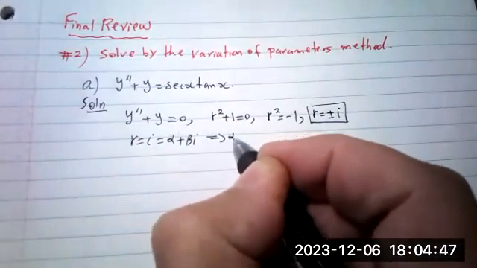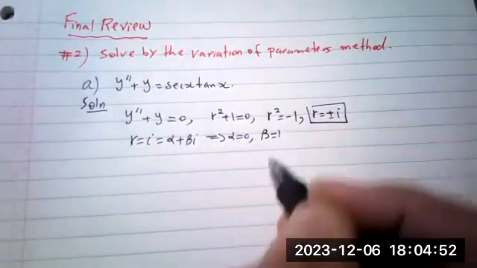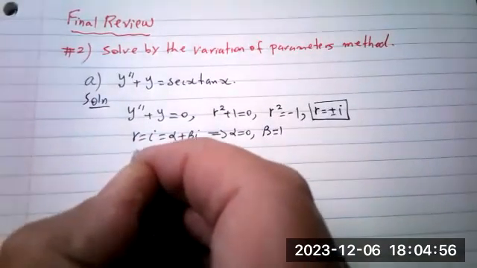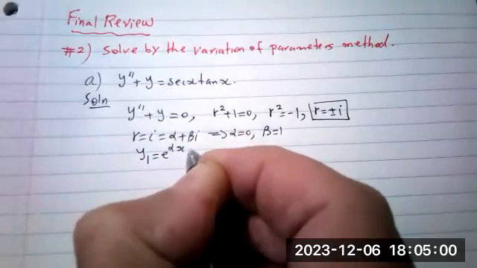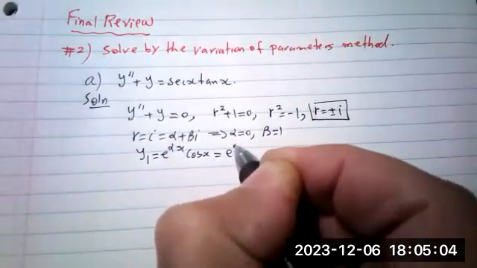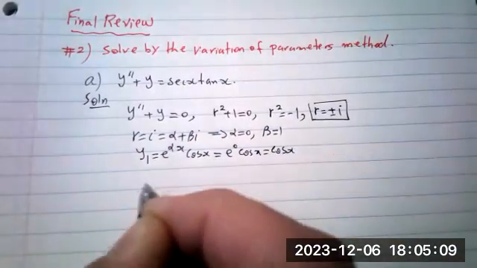So that gives you alpha equal to 0 and beta equal to 1. So you get 2 solutions. y1 equal to e to the alpha x cosine of beta x. So this solution would be simply e to the 0 cosine x, which is cosine x. So that's the first solution.